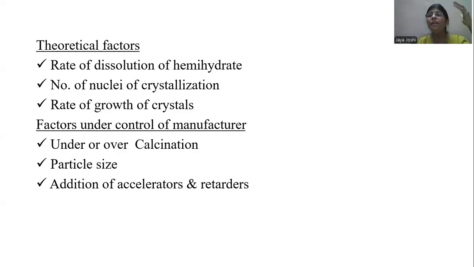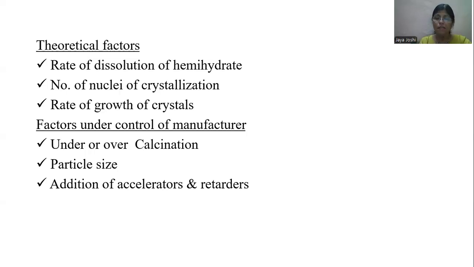Similarly, if you increase the number of nuclei of crystallization, they will come closer to each other faster and the setting time will be less. And the third factor, based on the theory of setting, is the rate of growth of crystals. If the rate of growth of crystals increases, they will come closer to each other faster, the setting reaction will get accelerated and the setting time decreases. So these are the three factors which come under the theoretical factors.